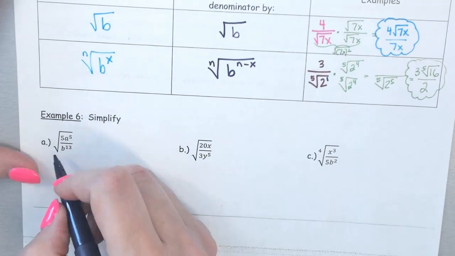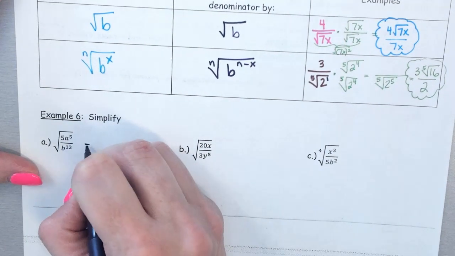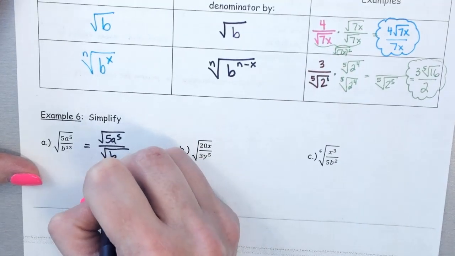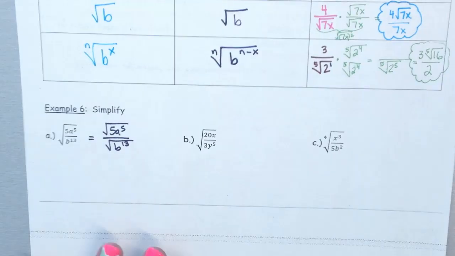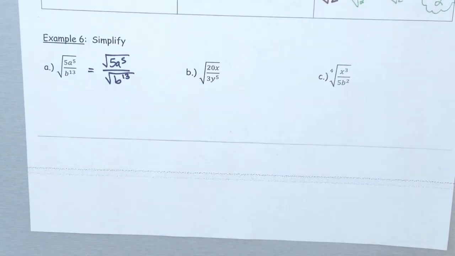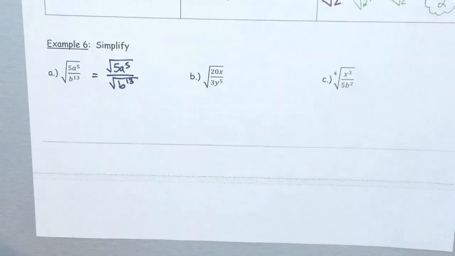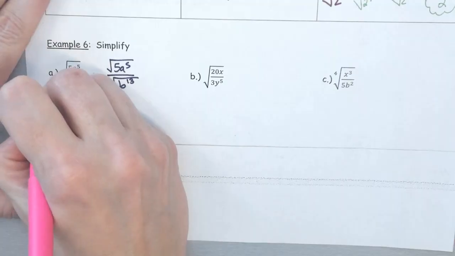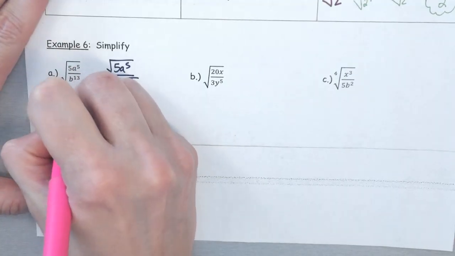There's nothing to simplify under the radical, so we break this up into the numerator and the denominator. Once you do that, the first method is to simplify first, and I do think most of you are going to use that.